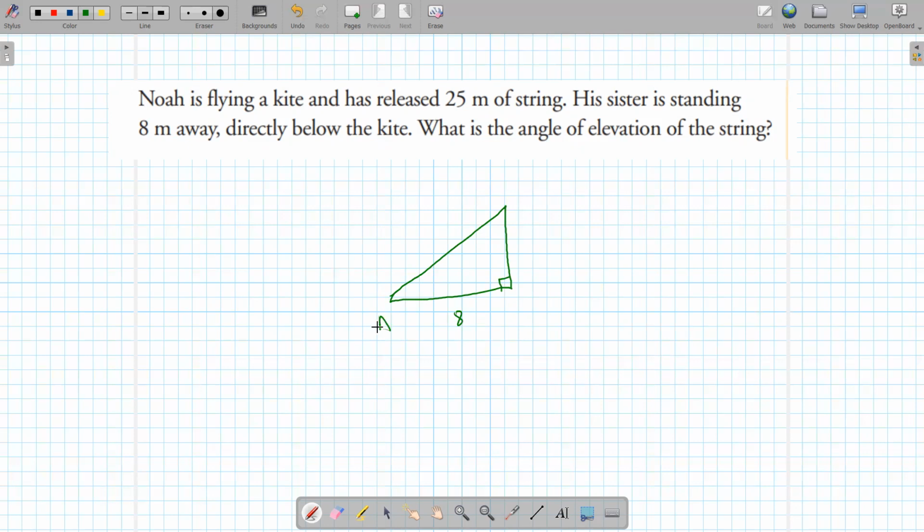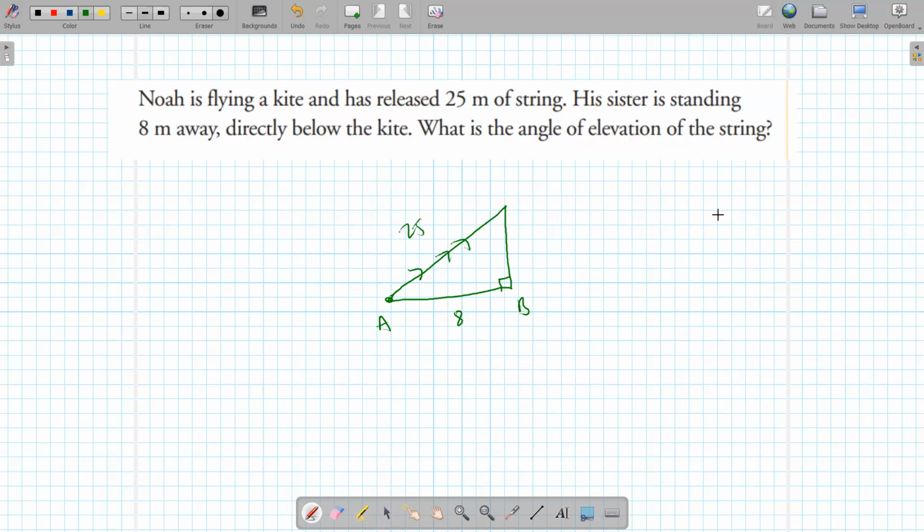We know this guy is here. The sister is 80 meters away, and he's flying the kite from here. Is 25 meters the hypotenuse of this triangle, or is it the height of the triangle? The hypotenuse. Right, because he's flying the kite this way. So this is going to be 25.